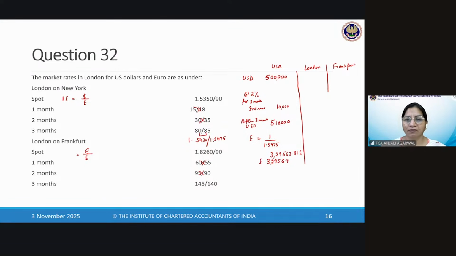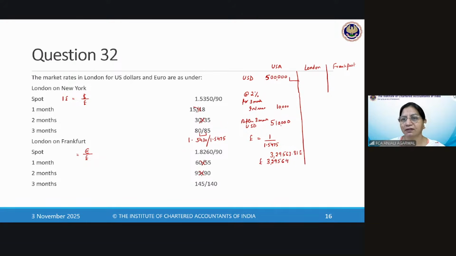This is, you will sell the US dollar and get pounds. So when you are selling, bid rate would be applicable, but these are indirect quotes. So you will have to convert it into direct quote for USD. Let's say we invest in London.